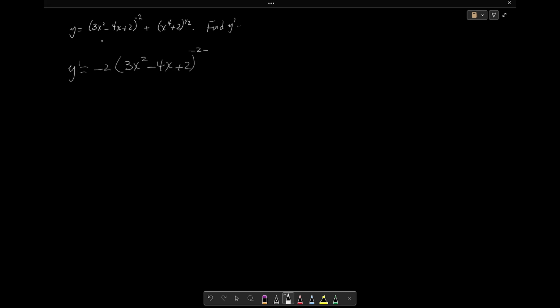One less power times the derivative of this. Plus, again, something to a power. We drop the power. That's something to one less power times the derivative of that something.